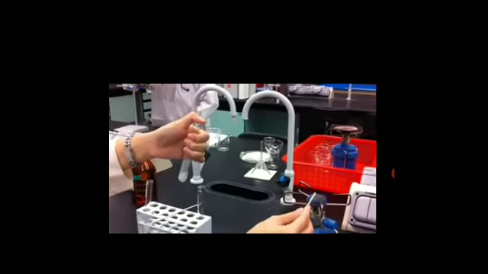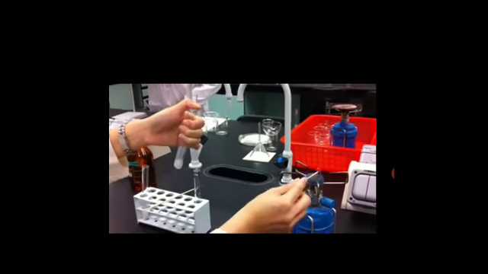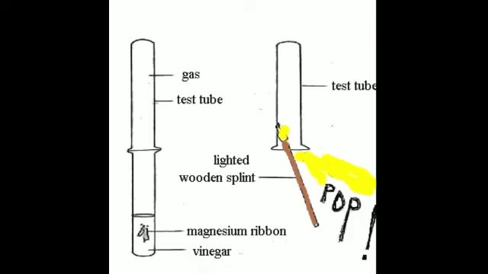You will see that also. A burning matchstick has been brought, a burning splinter, and you will see that characteristic pop sound. So you saw just now that when a burning splinter was brought, then what happened? A lighted splinter burned with a pop sound and got extinguished.